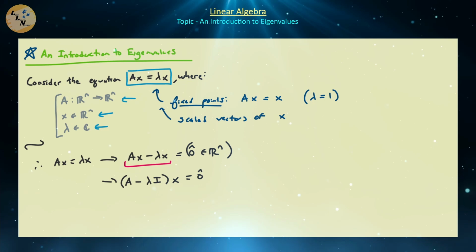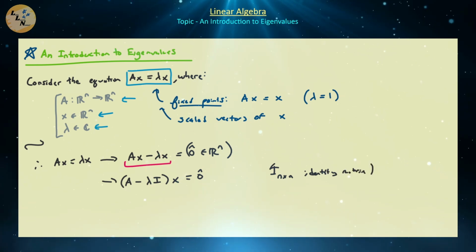Keep in mind that I is the identity matrix, the n by n identity matrix, and that needs to be there, else this term does not make any sense because A is a matrix, lambda is a number, and you can't do a matrix minus a scalar, right? But you can do a square matrix minus a square matrix, and that's just the scaled version of the identity matrix.